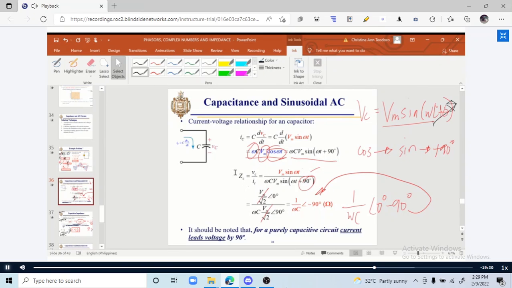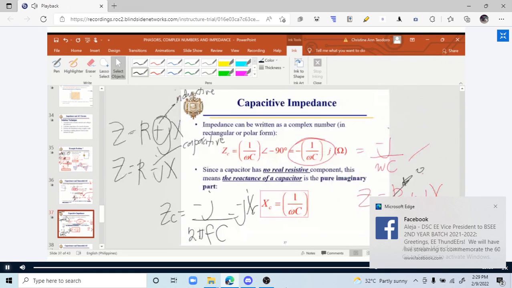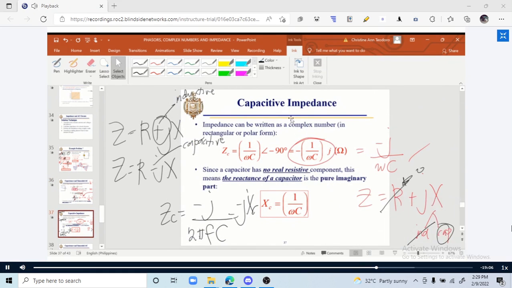Instead of having ZL, we will have ZC. So ZC is equal to 1 over omega C angle negative 90 degrees. Instead of positive 90, it would be negative 90 on capacitance.